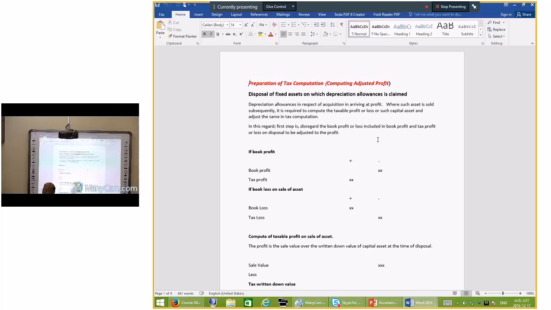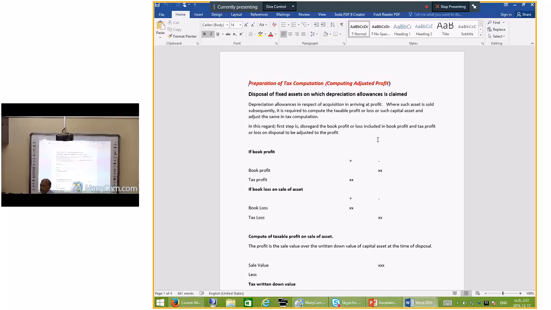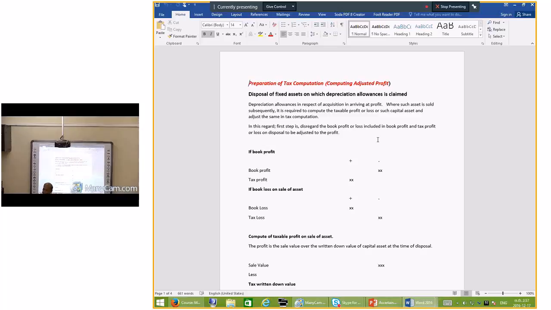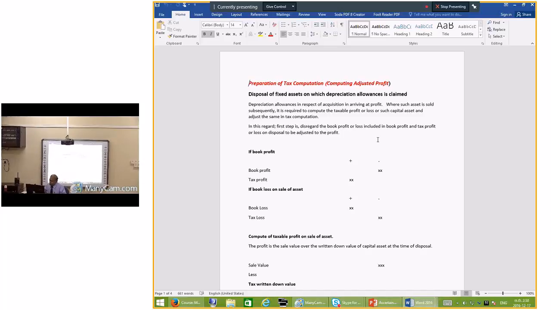Then if it is a book profit or a book loss, we neutralize the position. If they have made a profit, we deduct it from the profit, and if he has made a loss, we add back the loss.